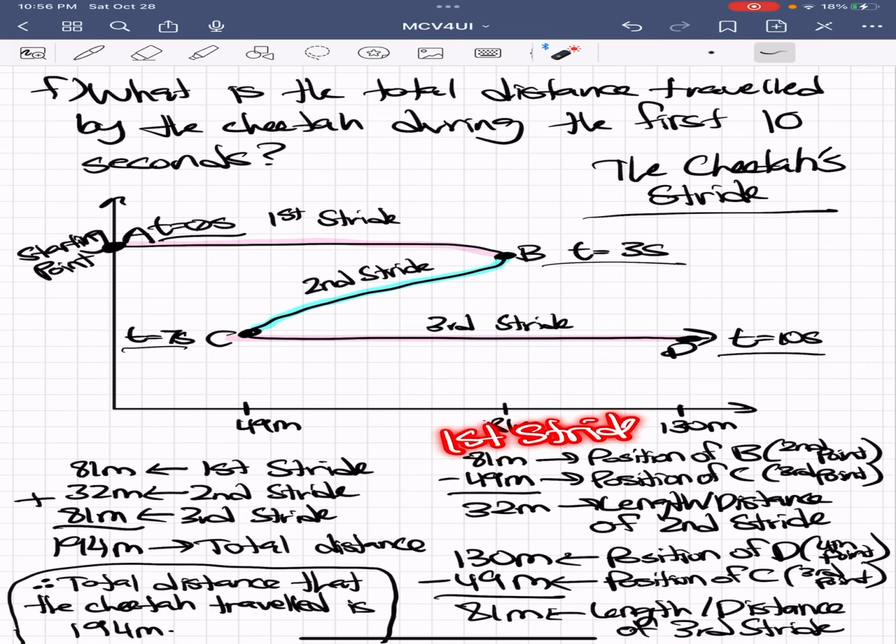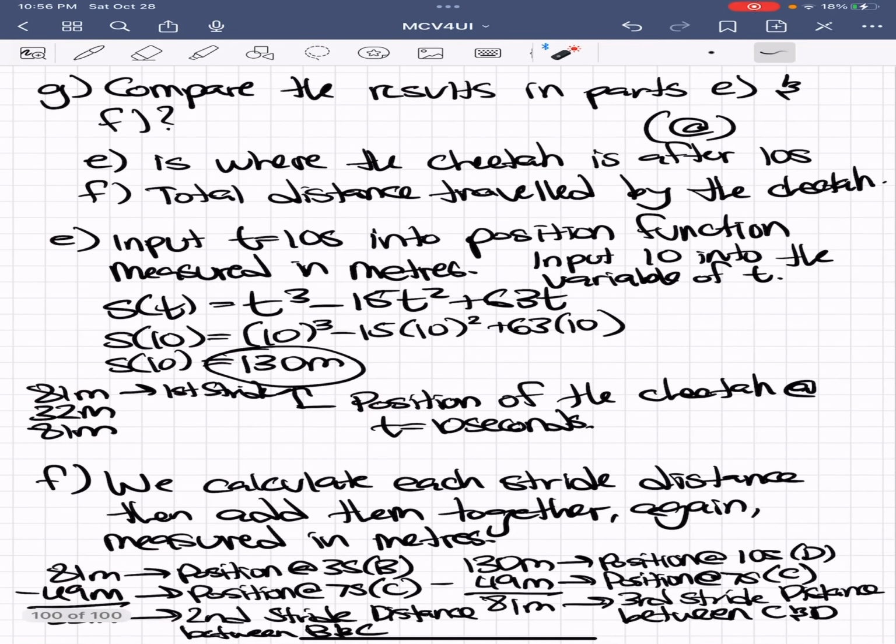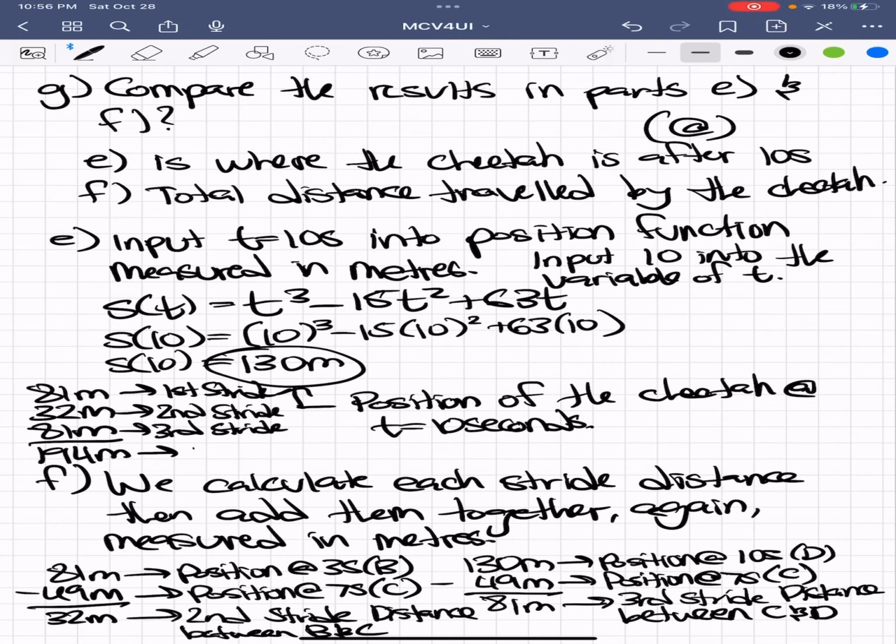Quite easy. And that's 194 meters, and that's the total distance traveled by the cheetah.